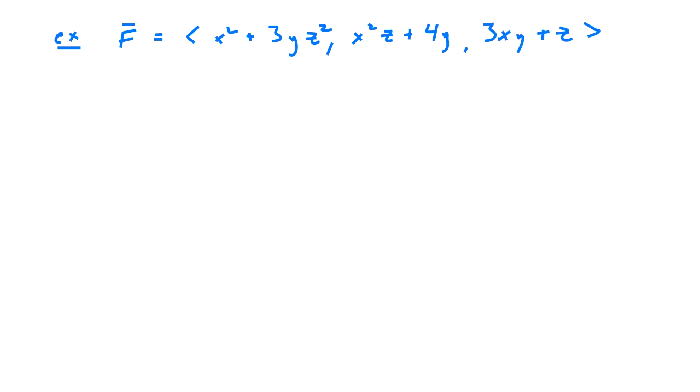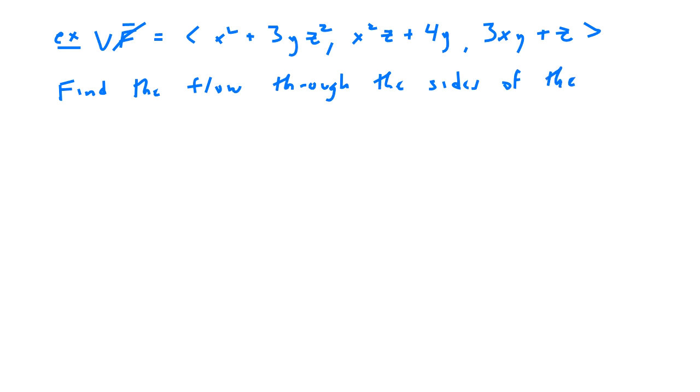I'm not sure why I'm using F. It doesn't really matter, but these are usually velocity things, so I'll call it V instead. So suppose we have this velocity field. And again, this wording is kind of a weird thing.